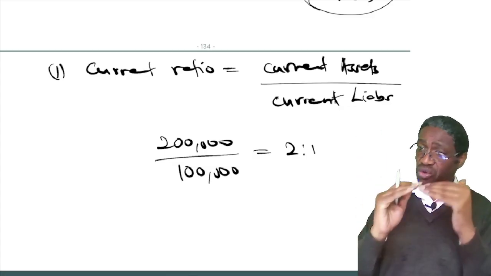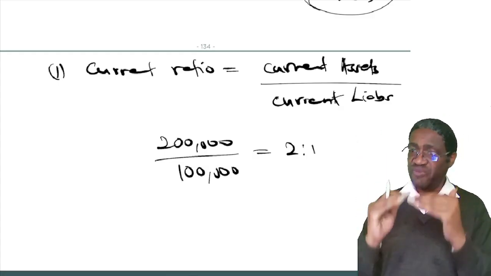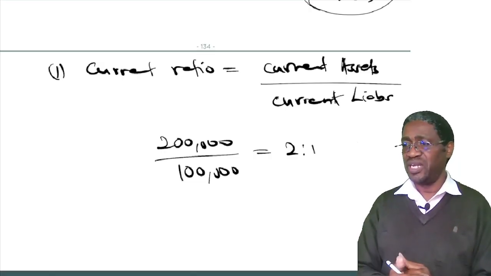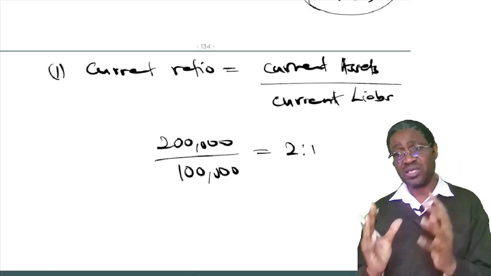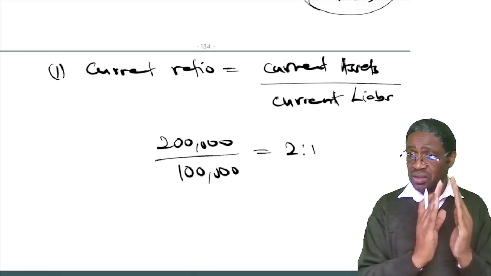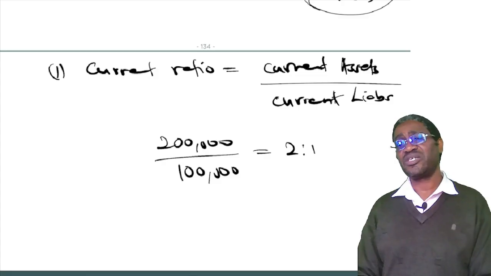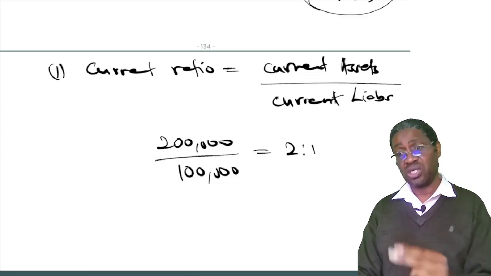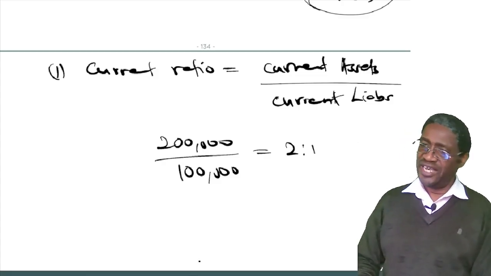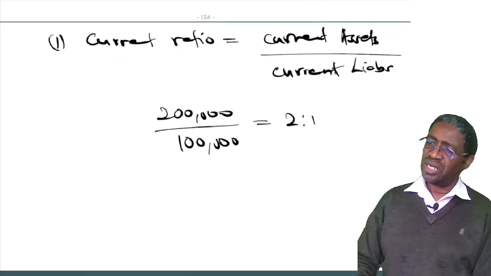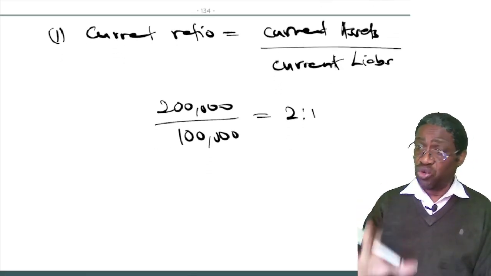You take the numerator, which is current assets, divide by the denominator, which is current liabilities, and whatever answer you get, you express it as this to this. For example, our current assets being twice as much as current liabilities, then our current ratio becomes 2 to 1.